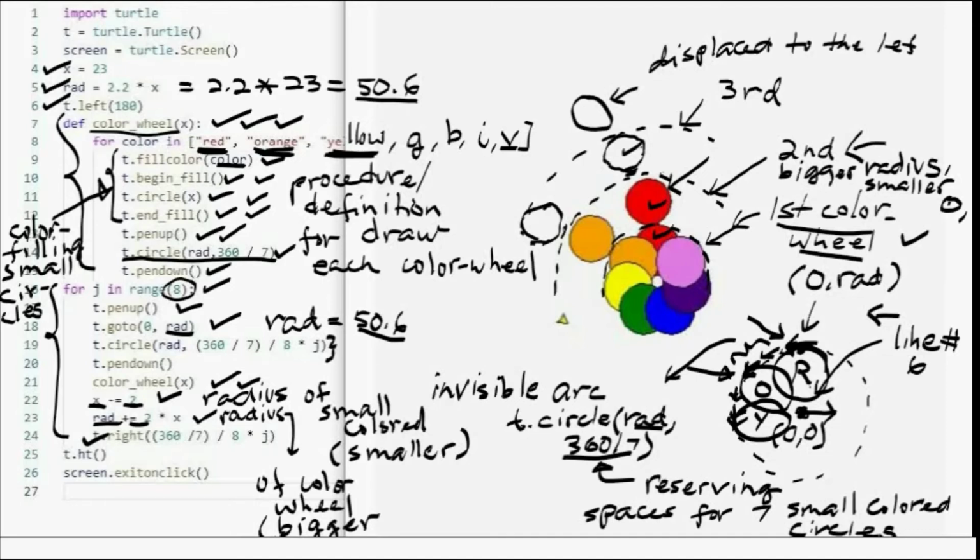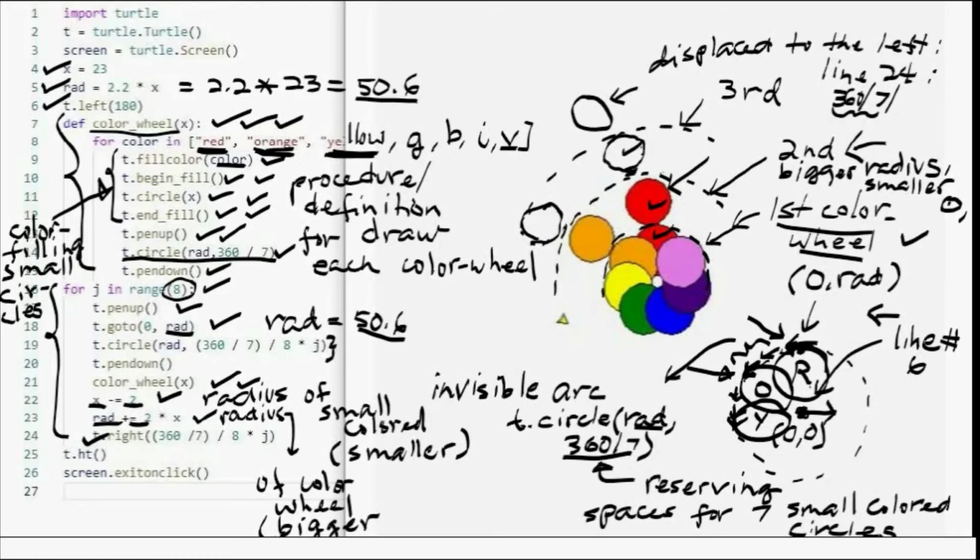By how much? This is line number 24. It is displaced to the right by 360 divided by 7. That 360 divided by 7 is the space between two consecutive balls inside the color wheel.